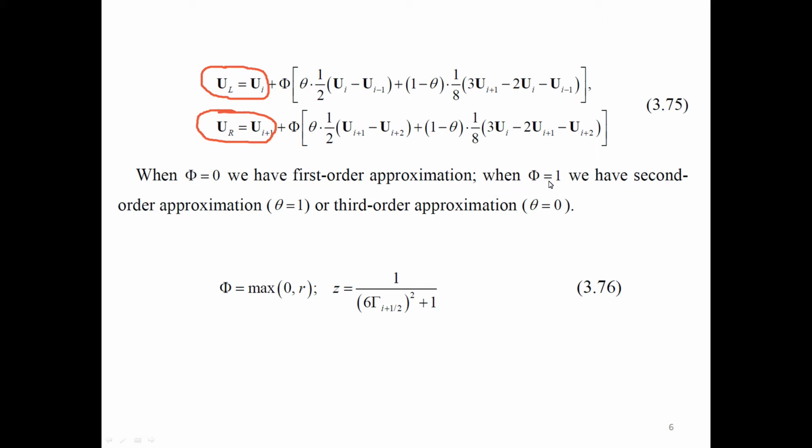And when phi is equal to 1, we have the second order approximation when theta is equal to 1, or the third order approximation when theta is equal to 0.